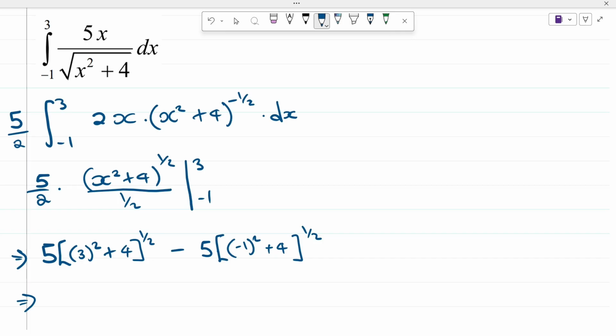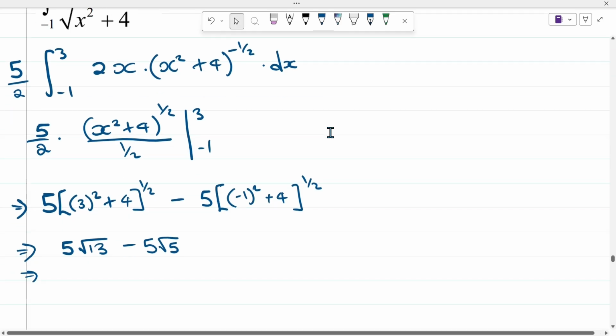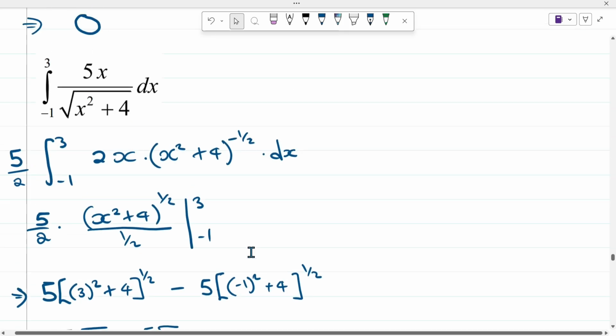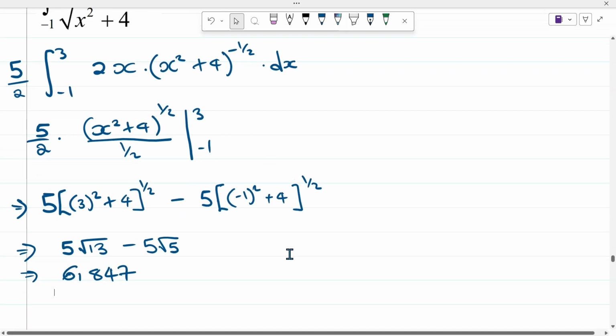You should be able to get something like 5 square root of 13 minus 5 square root of 5, which is the same as 6.847. So yeah, that was it for that one.